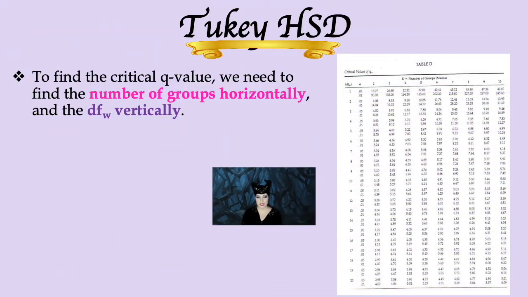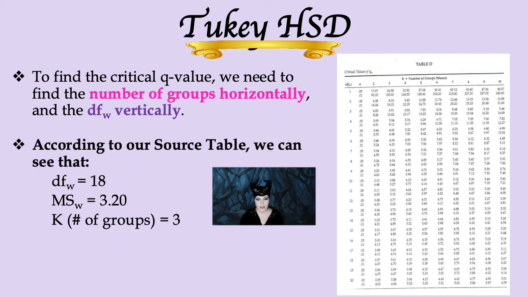According to our source table, we know that degrees of freedom within are 18, mean squared within is 3.20, the number of groups we have is 3, and the number of people in each group is 10. So now with this information, we're going to go back to our Q table and find our critical Q value.